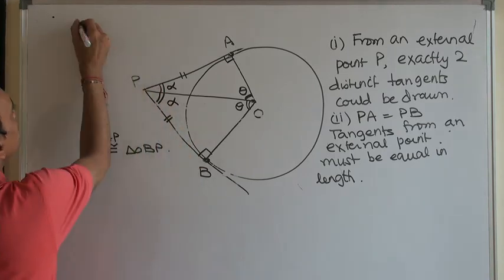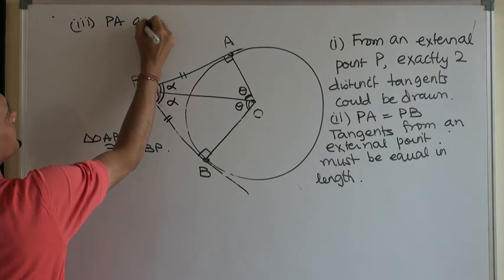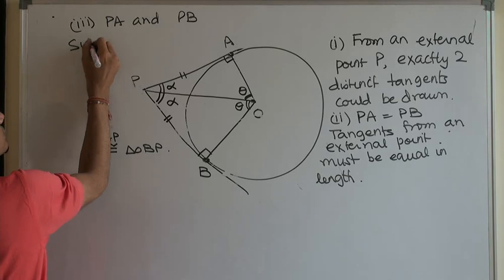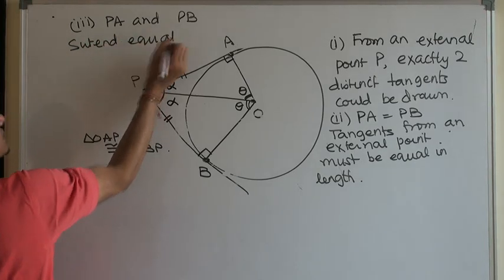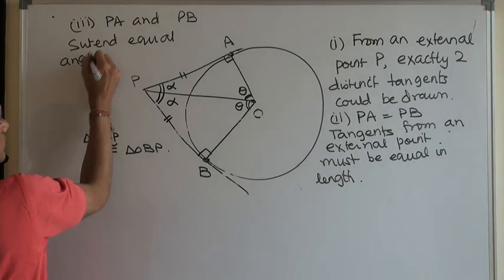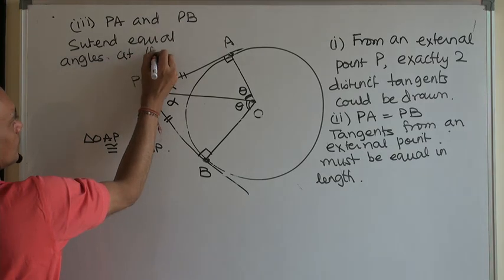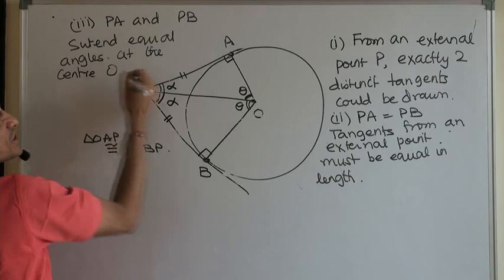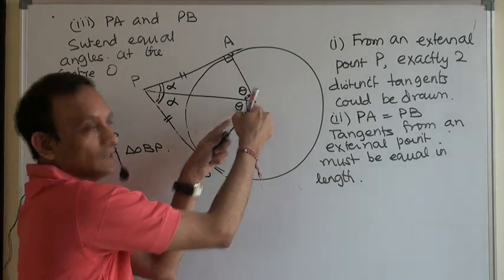Also, third property, PA and PB, the two tangents, subtend equal angles at the center. Isn't it? PA subtends an angle theta at the center, PB also subtends an angle theta at the center.